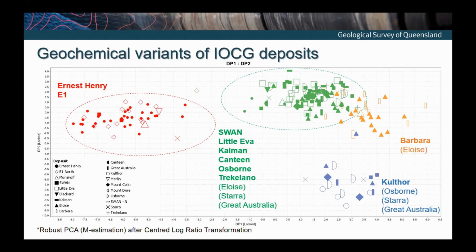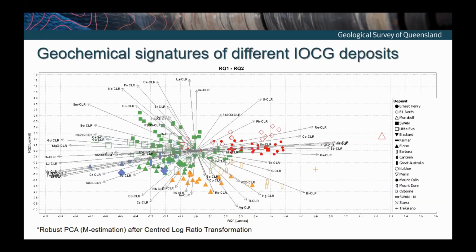Let's just try to put some geochemistry on top of that. I showed this diagram before, just to indicate that what distinguishes Ernest Henry and E1, and what makes it a classical IOCG signature, is that polymetallic signature with molybdenum, tungsten, arsenic, antimony, fluorine, barium.